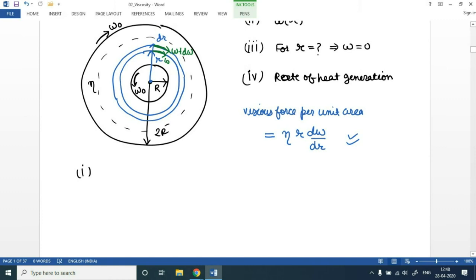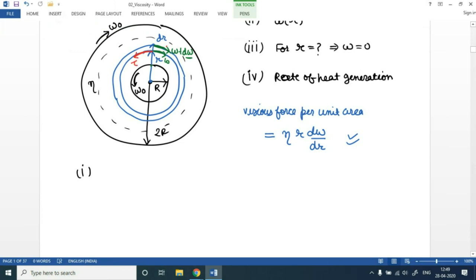This d omega is going to be positive, because as we move away from the axis, omega is increasing. Here the value of omega, in the direction we have chosen to be positive, is minus omega naught, and here it is plus omega naught, so omega is definitely increasing radially outward. That being said, this would be the direction of torque each layer experiences due to the adjacent liquid.